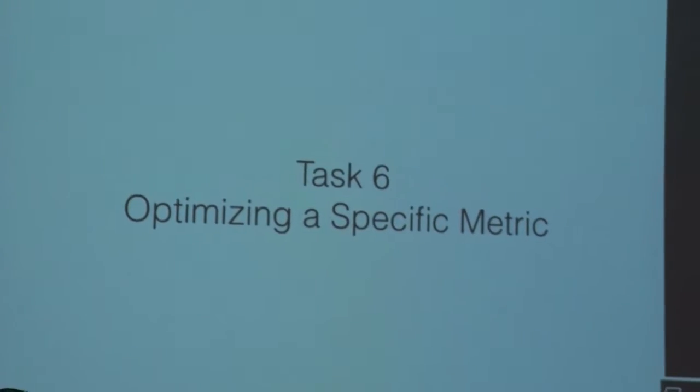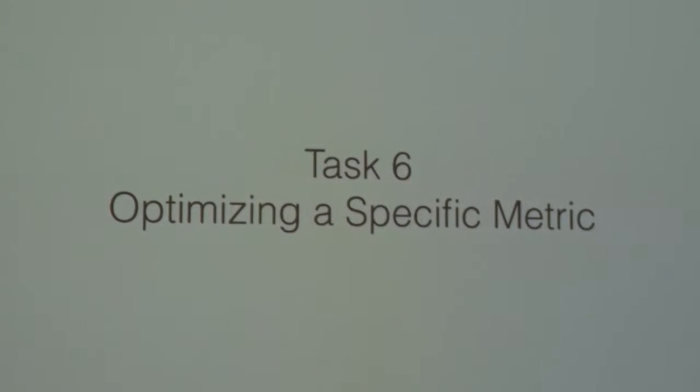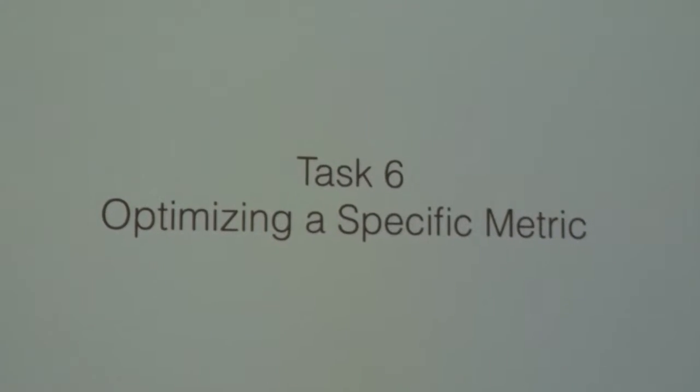So that's what we're going to focus on for the last group class. We're going to look at optimizing a specific metric. So imagine you're going to investors and you want to show them you have growth in a specific area. How would you accelerate that growth?